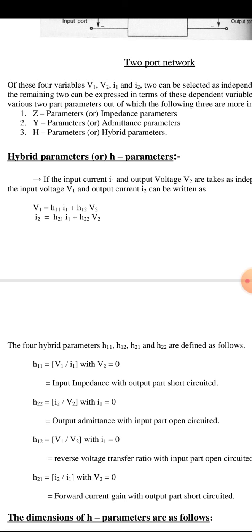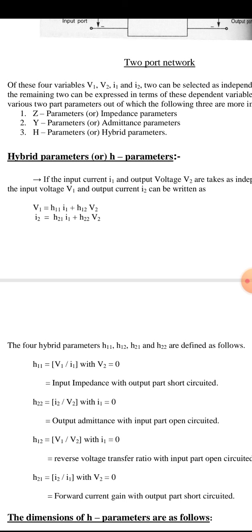For the calculation of the first hybrid parameter H11, this hybrid parameter is called the input impedance, and it is calculated first with the output circuit shorted, meaning V2 is equal to 0. H11 is equal to V1 upon I1, called the input impedance.